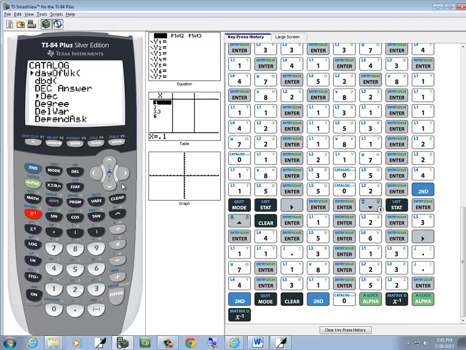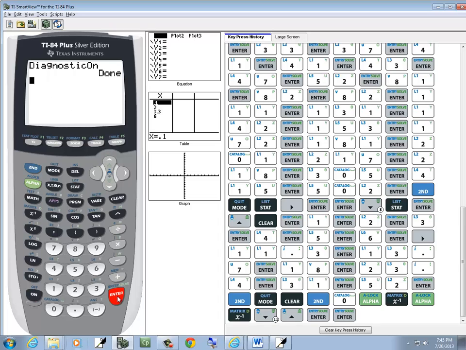That'll very quickly take me down the D's. And I want to choose diagnostics on. There it is. Once you get a little marker next to it, then you press enter twice, and then that's turned it on. Like I say, you shouldn't have to do that, but okay. You just have to do that one time, unless your batteries go dead.